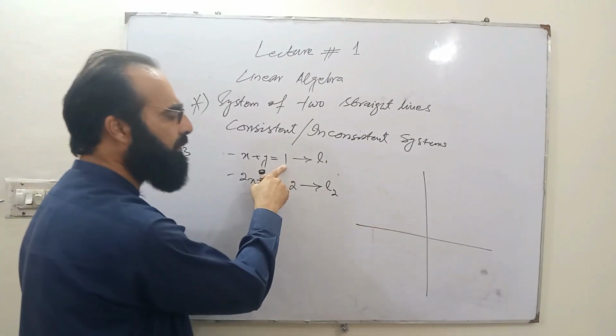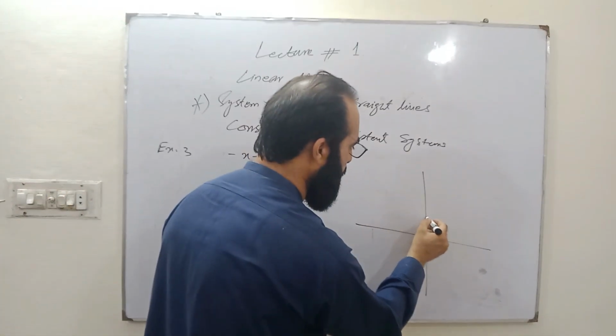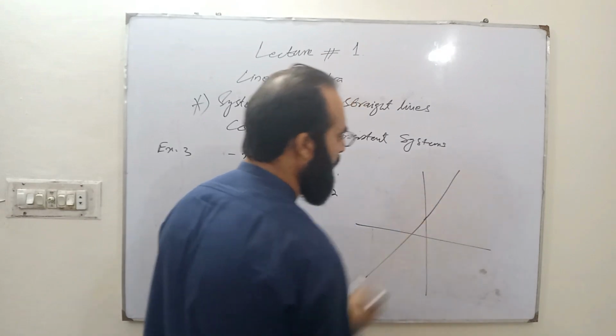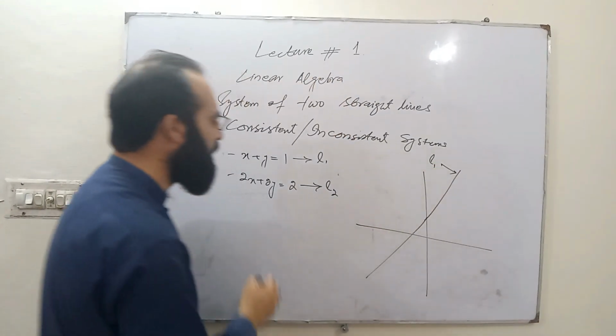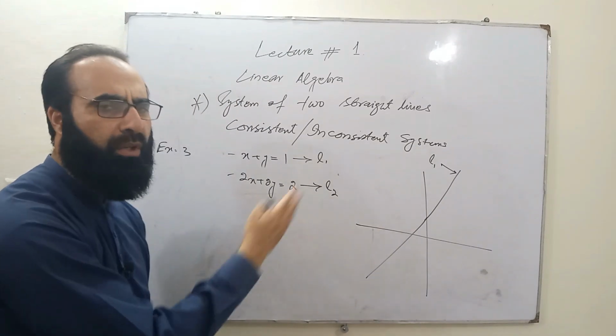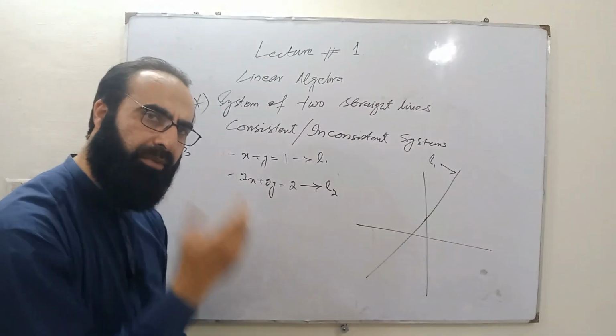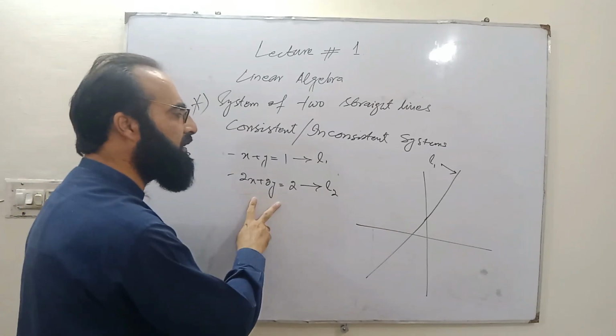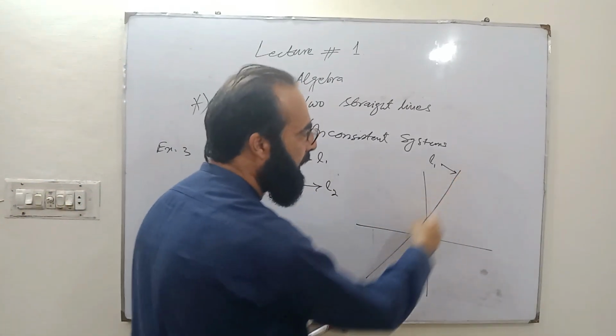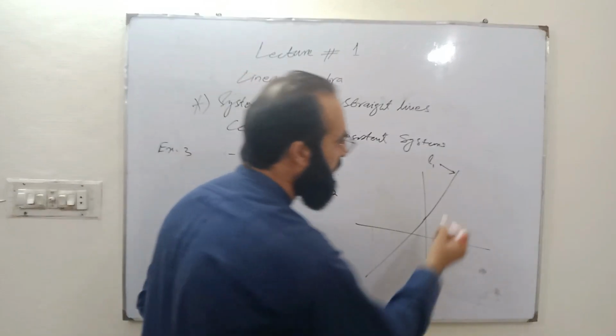Since its intercept is 1, say this is the graph of L1. Now let's draw this one. You can use the previous technique of intercepts. Actually this straight line is lying above the first straight line.